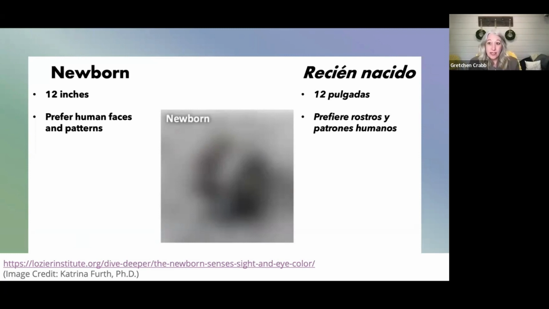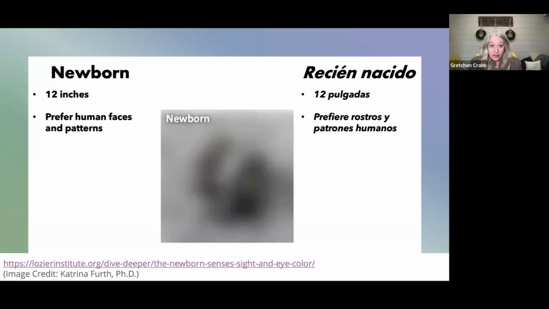They can only see up till about 12 inches, which from an evolution standpoint is amazing, because if you think about holding an infant and feeding them, whether at the breast, the body, the bottle, it's about 12 inches from your face. So that is what infants can see, and that's what's important for them.